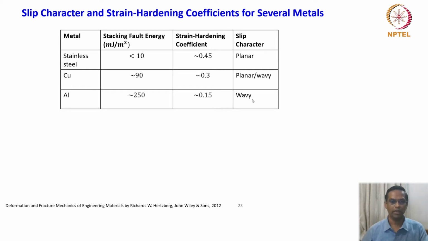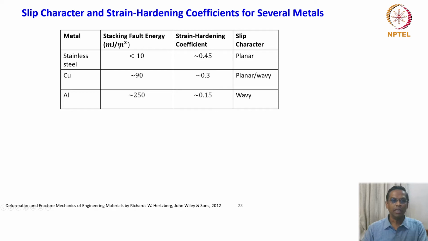Now we can relate these things with the strain hardening coefficient. What does the strain hardening coefficient tell us from the previous discussion? The more the strain hardening value, the material will have a huge ability to strain harden. Strain hardening ability will be very, very high. That is the index of strain hardening coefficient, right?